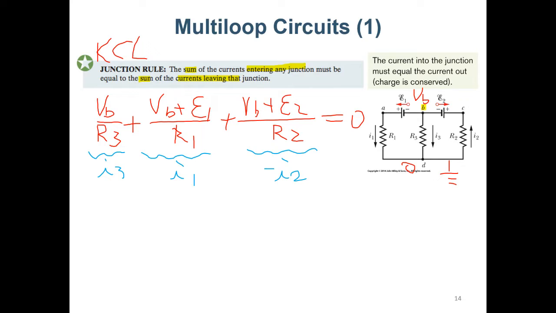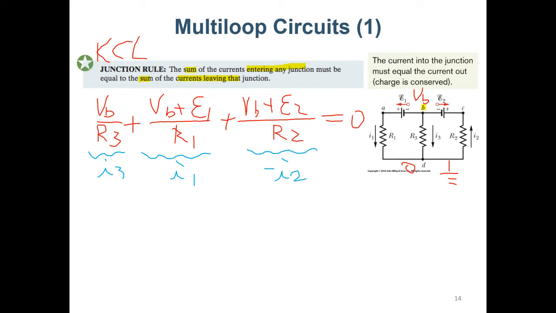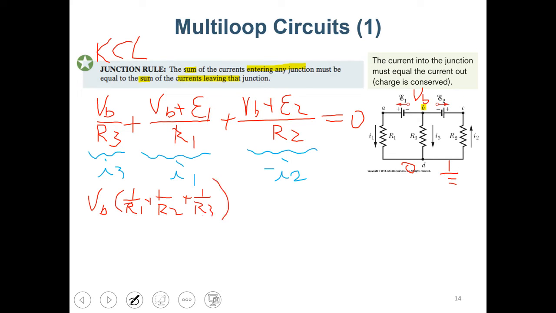Okay, so finally we can group VB together, so we have R1 plus R2 plus R3, and then we move minus E1 R1 and minus E2 R2.